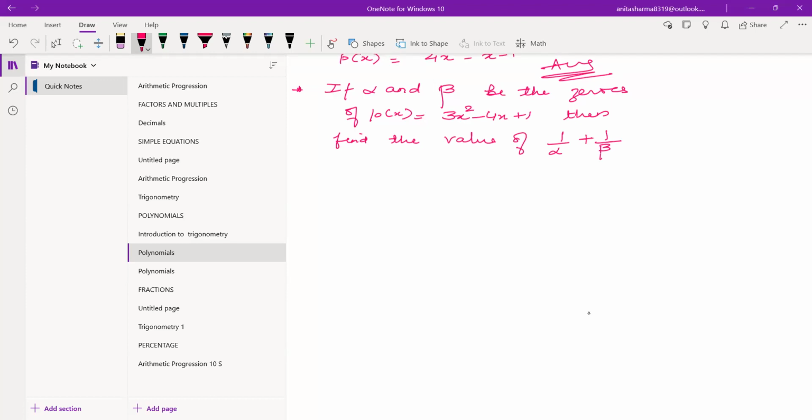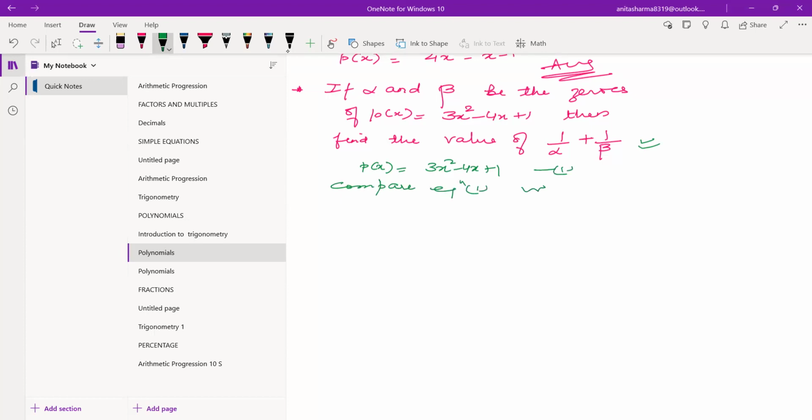So how will we solve this question, children? First of all, you will write your polynomial 3x square minus 4x plus 1. In these types of questions, your first step will be like this. Then you will compare this polynomial.